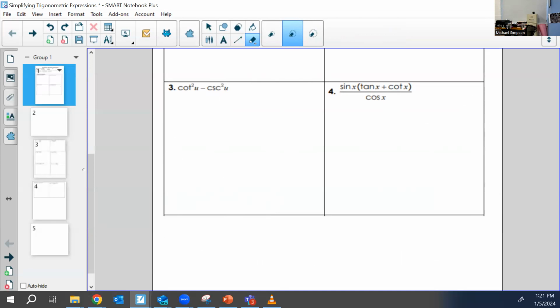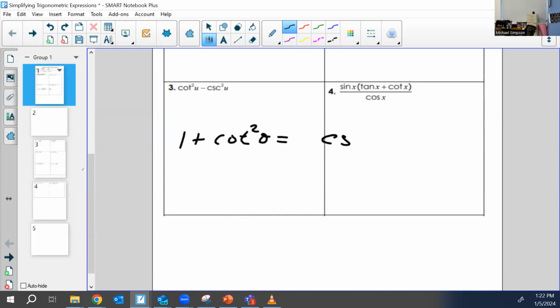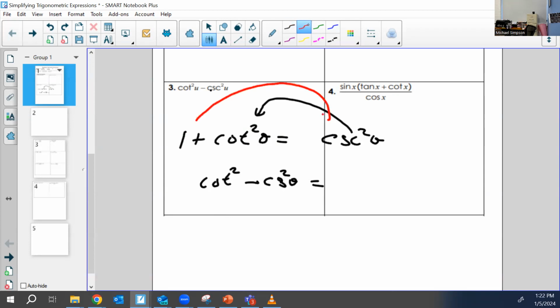The identity is this. 1 plus cotangent square theta is equal to cosecant square theta. That's the identity, right? That's one of them right here. Okay, watch this. If I bring the cosecant on this side of the equal sign, it becomes cotangent square minus cosecant square theta is equal to, and if I bring the 1 on the other side of the equal sign, it becomes negative 1.